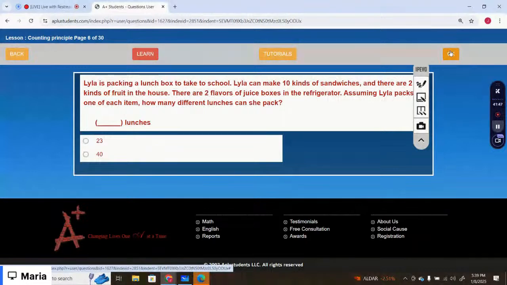Lela is packing a lunchbox to take to school. Lela can make 10 kinds of sandwiches, and there are two kinds of fruit in the house. There are two flavors of juice boxes in the refrigerator. Assuming Lela packs one of each item, how many different lunches can she pack? So, which is the correct option?